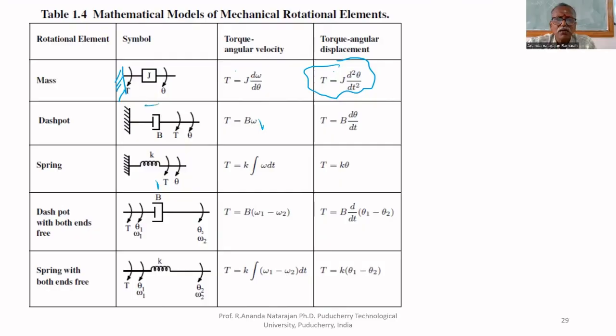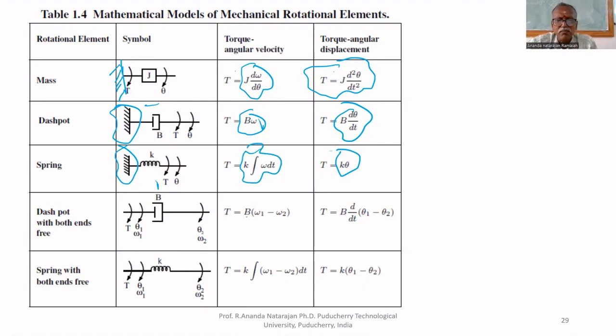If it is a dashpot, one end is fixed. In that case, B d theta by dt, or B omega. For mass, J d omega by dt, one end fixed. If it is spring, it is k theta. If you know the angular velocity, that is k integral of omega dt.